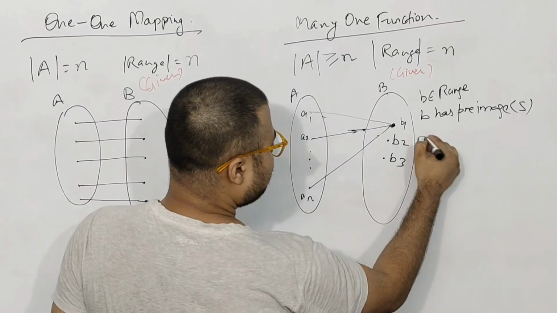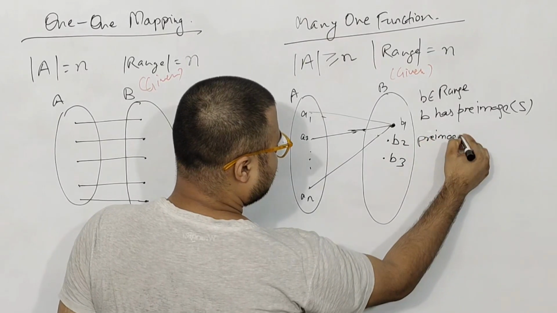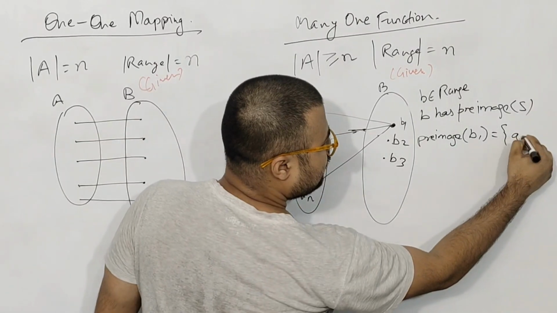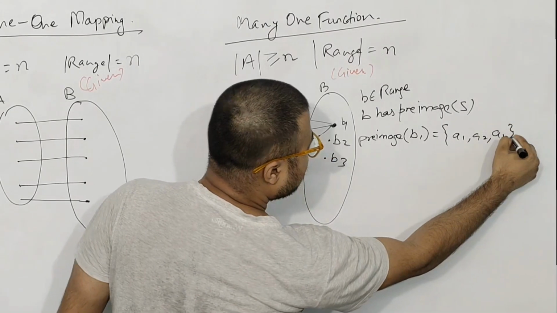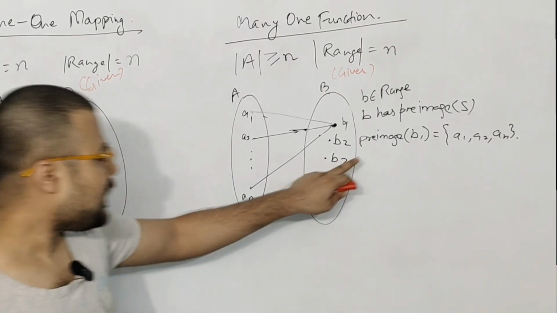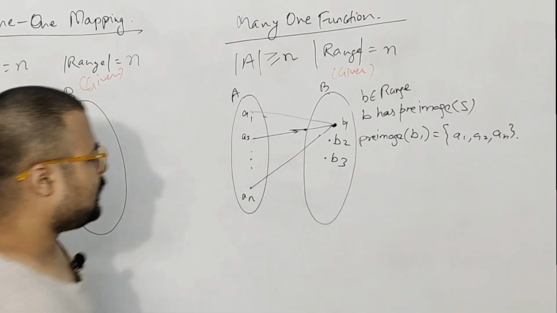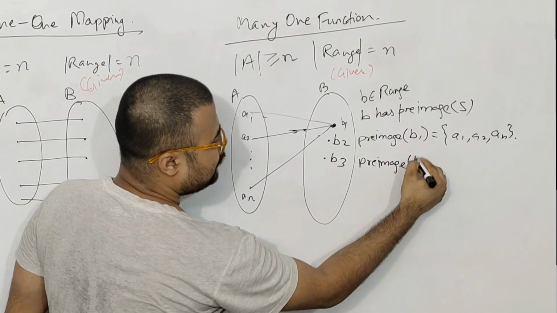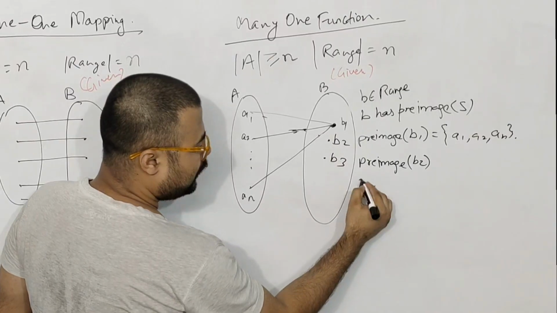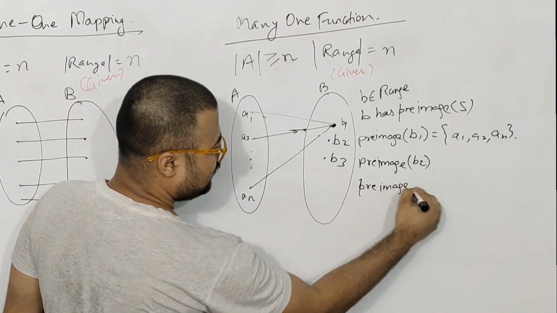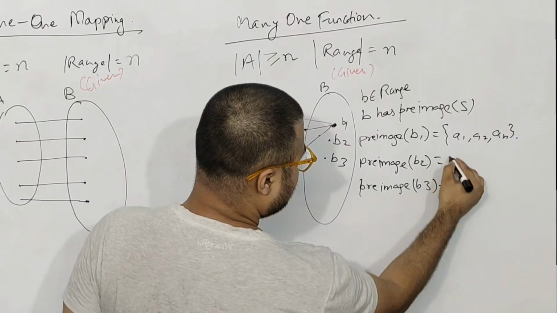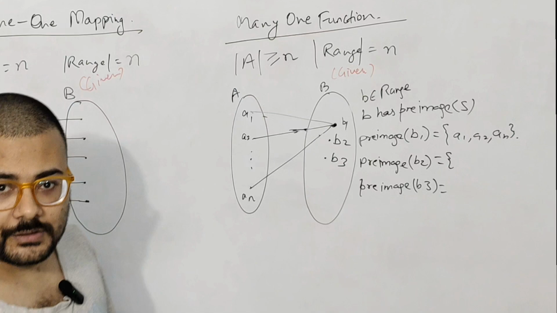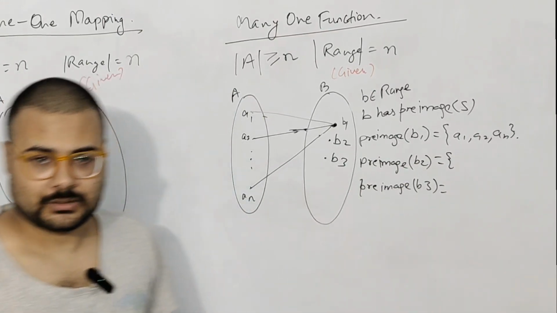Means if the pre-image of B1 is A1, A2 and An, then any other element of the range, like the pre-image of B2 or the pre-image of B3, will not have A1, A2 or An, because of the definition of a function.